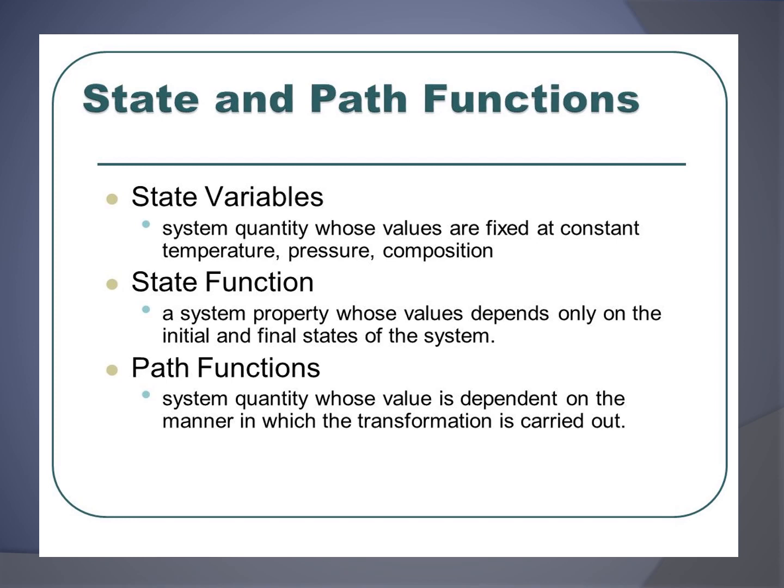So it depends upon the transformation, that is the path function. எந்த வழியில வருது, என்ன மாற்றங்கள் வழியில ஏற்படுது, அதான் path function. State function அப்படின்னா it depends upon the values of the variables: pressure, volume, temperature, internal energy, enthalpy, like that. So these are the state and path functions.